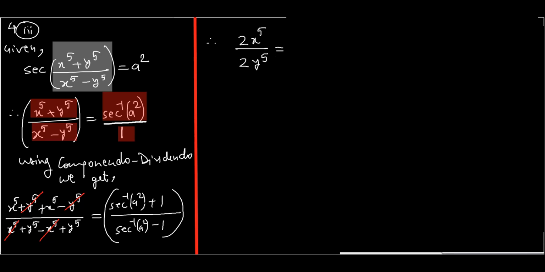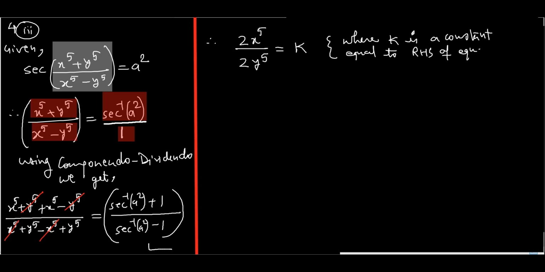Sec inverse a square is a constant, plus 1 constant, divided by sec inverse a square minus 1 constant. Constant upon constant is a constant. So here I write k, where k is a constant equal to RHS of equation 1.